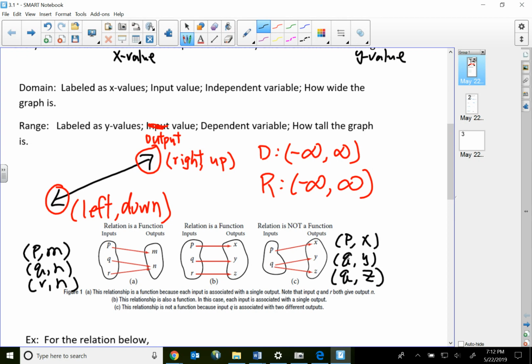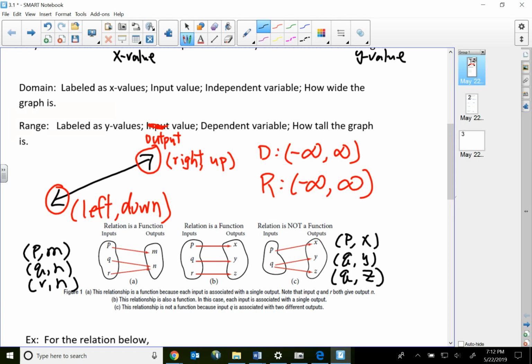This is one x corresponding to this y. This is the same x but corresponding to a different y. You can only correspond to exactly one y value. Here I have the same x value, Q, corresponding to two different outputs, and that's what makes it not a function.